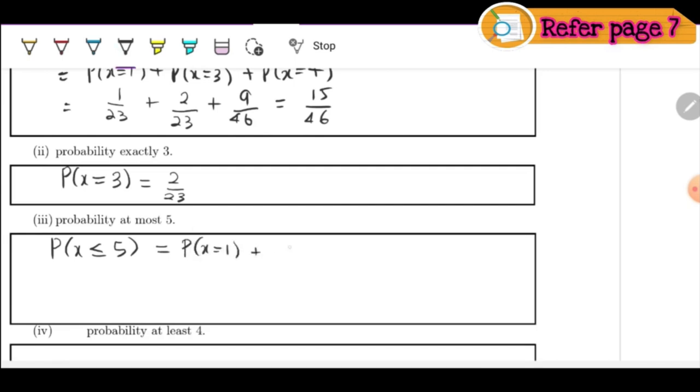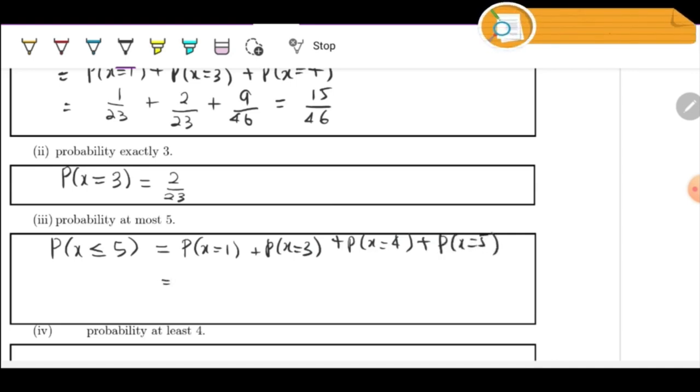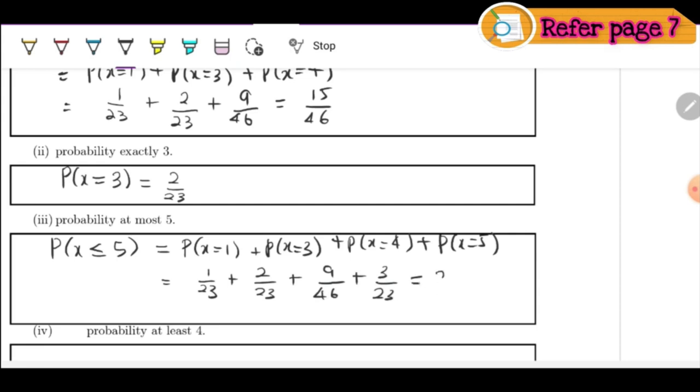P(x equals 1) plus P(x equals 3) plus P(x equals 4) plus P(x equals 5). When x equals 1, the probability is 1 over 23. When x equals 3, it is 2 over 23. When x equals 4, it is 9 over 46. And the last one, when x equals 5, is 3 over 23. And the answer is 21 over 46.